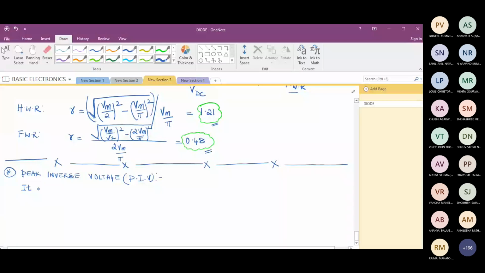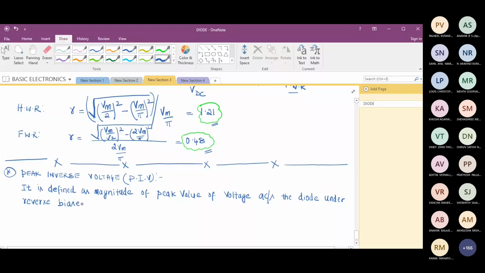It is defined as the magnitude of peak value of voltage across the diode under reverse biased condition.